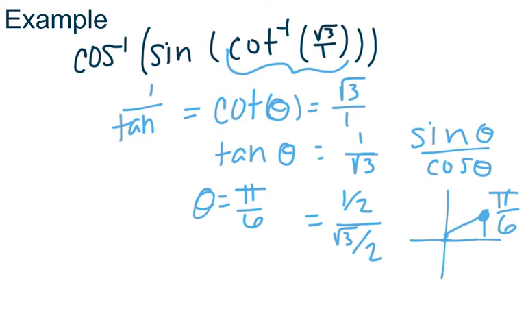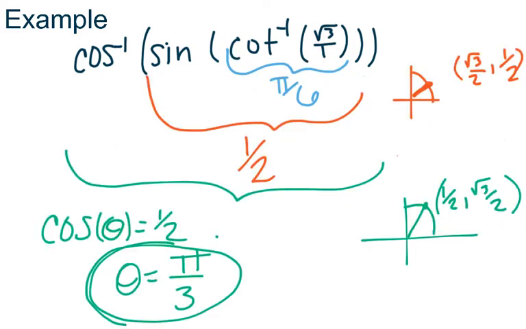Well, by definition, the tangent function is sine over cosine, which means that in order for my tangent to be 1 over root 3, my sine has to be 1/2 and my cosine has to be root 3 over 2. And that only happens at the angle pi over 6. Once I determined that my angle for the very inside part was pi over 6, I can substitute that in.